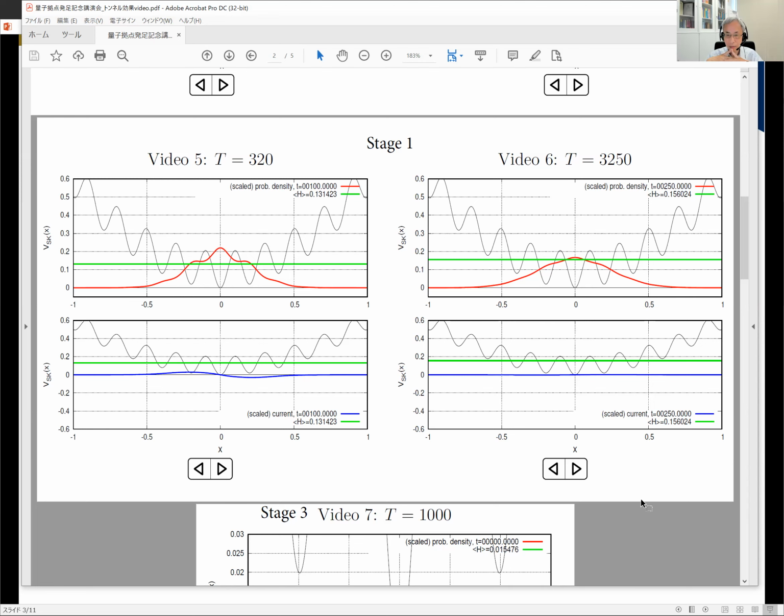It is very small if the process is close to the adiabatic limit, but it may not be 0 exactly if you don't take the real limit of t to infinity. Sure, okay. So as you see in this graph, it is small for a large value of t.